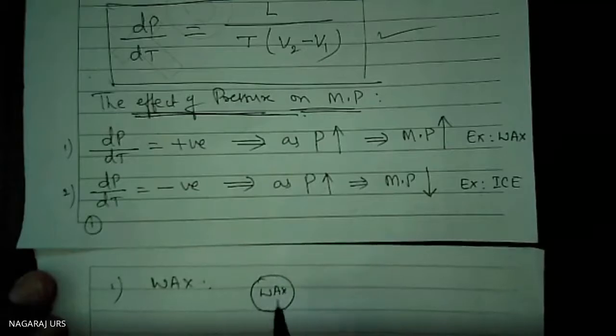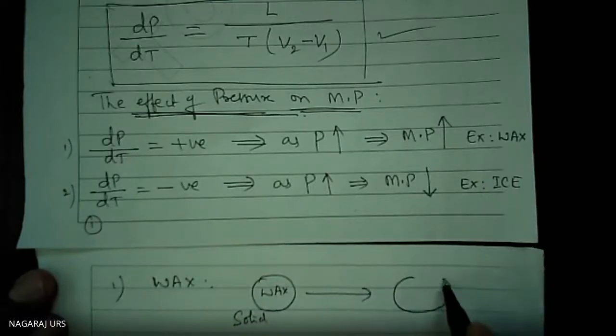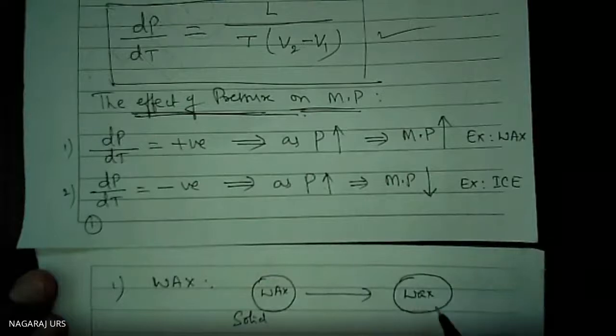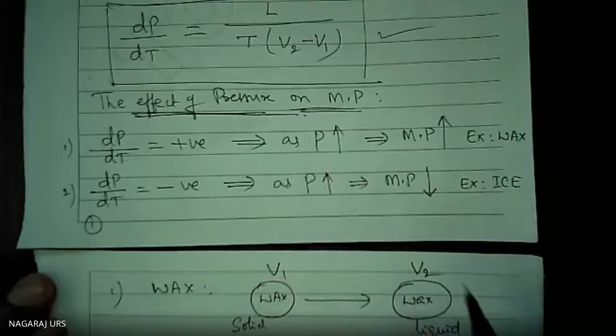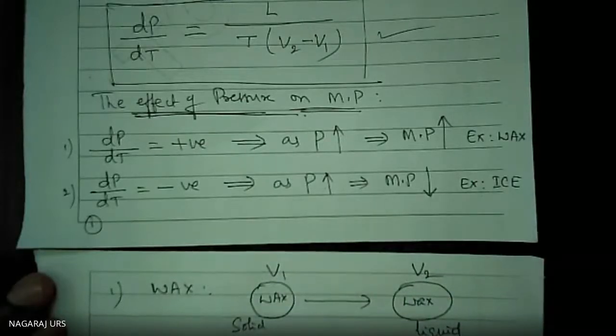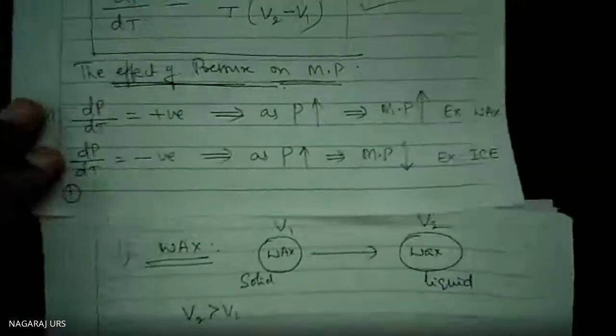It is a solid, converting into liquid wax. Here the volume is V1, and here the volume is V2. Certainly V2 is greater than V1.